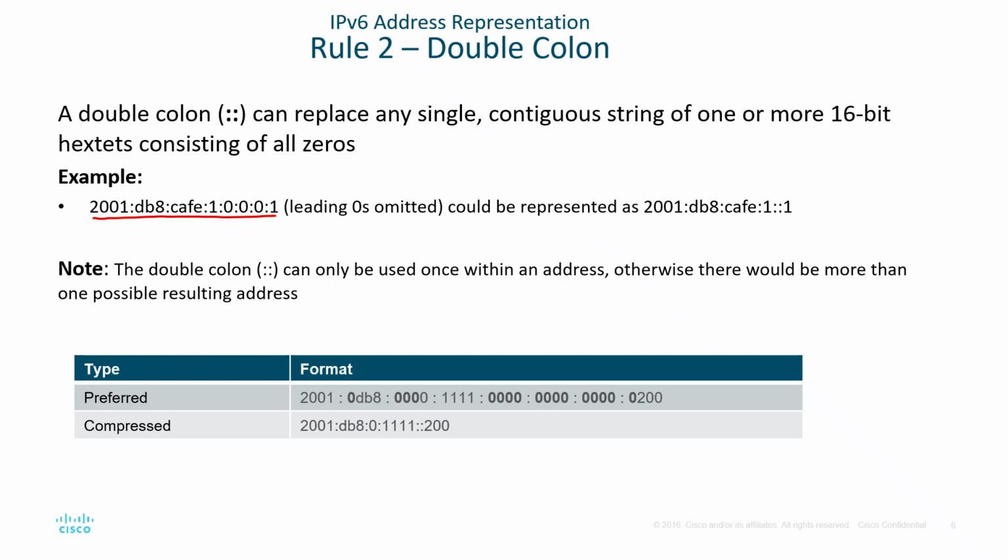Next, the double colon, be very careful, again, can only be used once within your address. If you use it more than once, your device gets confused and does not know what to do with that. So you can only use it once.